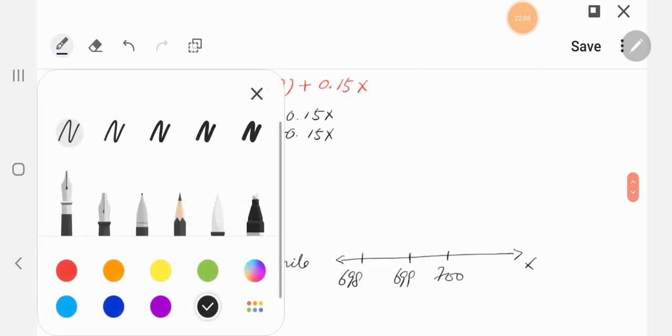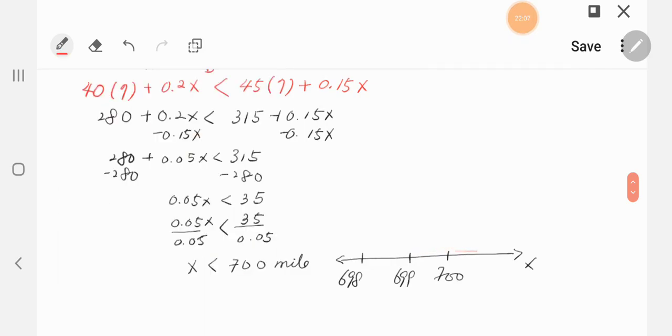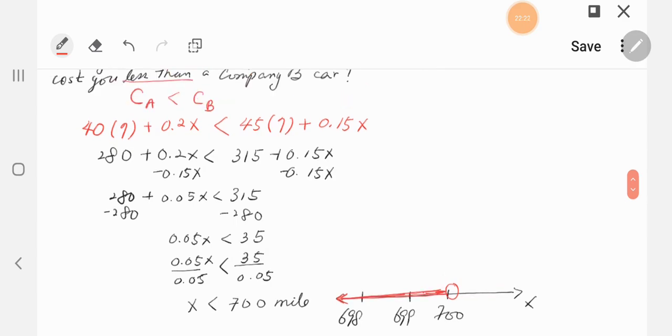So the maximum integer that is less than 700 is 699. So the number of miles that this person can drive is less than 700 miles, so that company A charges less. This is the maximum miles.